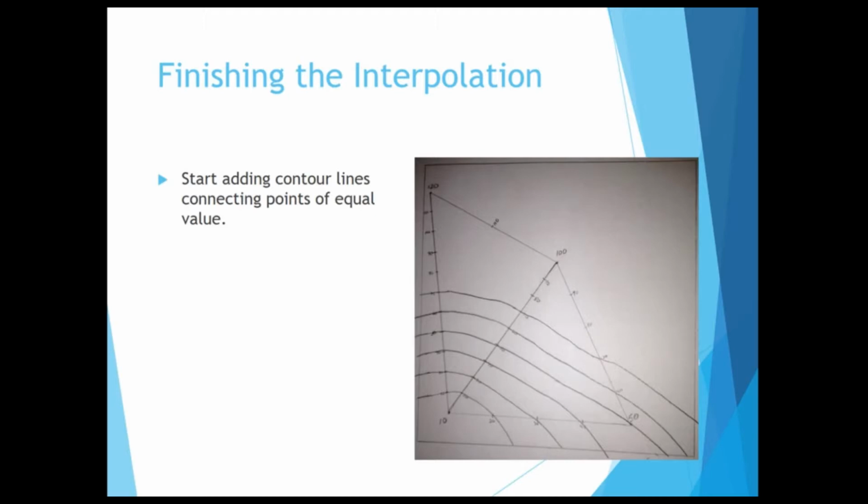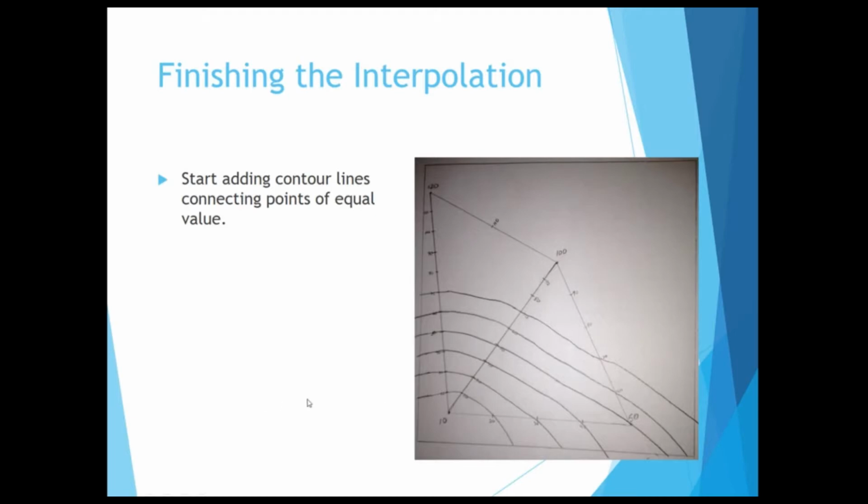And now our map is covered with all of this data. A lot of it's calculated, some of it's original real data, but it's covered with data. So we have lots of places to draw our contour lines. That's what we need.